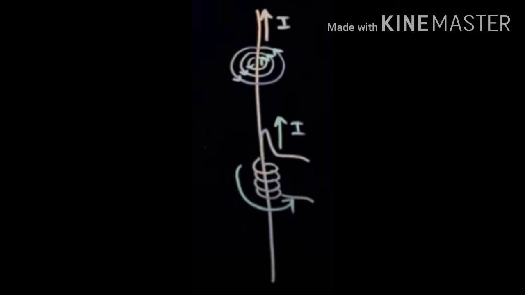Now we can say that when the current is in downward direction, then the direction of the magnetic field will be clockwise, and when the current is in upward direction, then the magnetic field is in the anti-clockwise direction. With this right hand thumb rule, we can easily identify the direction of magnetic field.